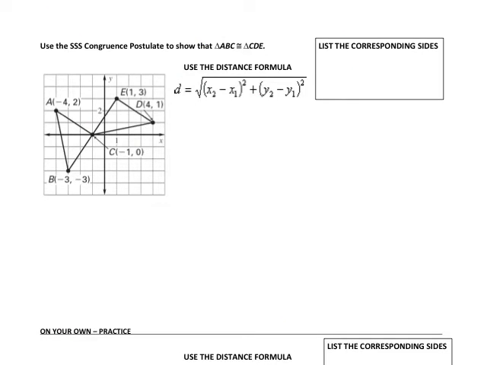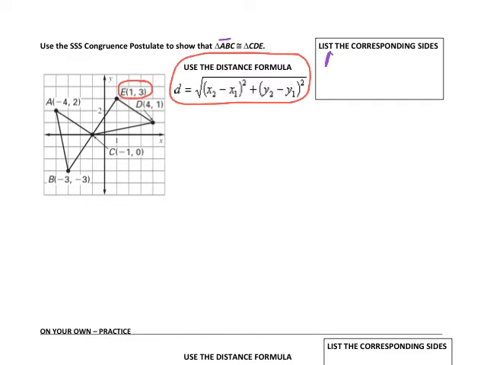On the back of your note sheet, we do need to use the side congruence postulate to show that triangle ABC is congruent to triangle CDE. And in this part of the lesson, we're going to be using the distance formula, which we've used before. And it's nice because in the diagram here, they've given us the X and Y values. So what we need to do is list the corresponding sides, and we can do that according to the names here of the triangle.